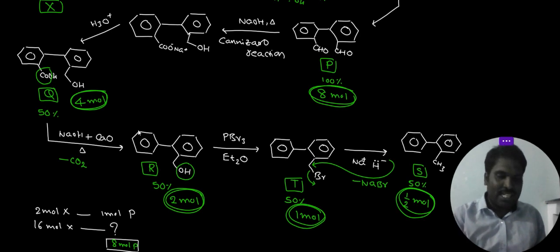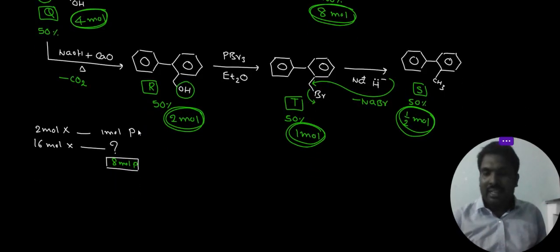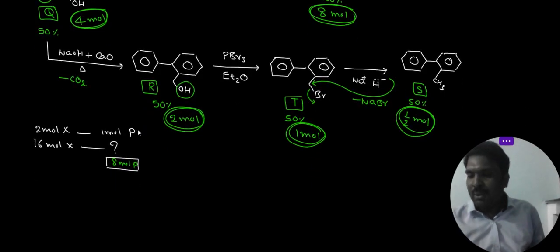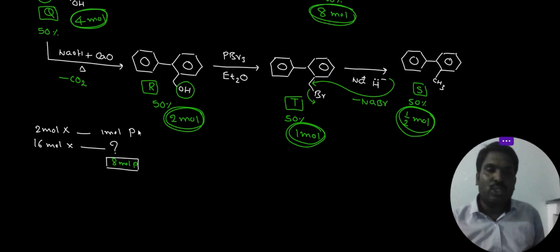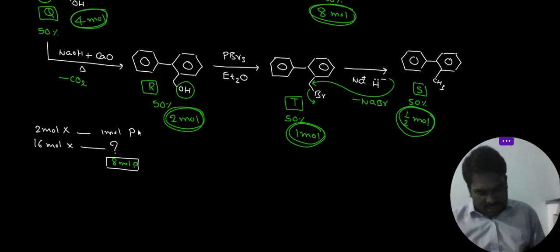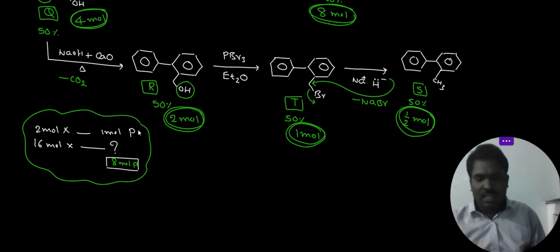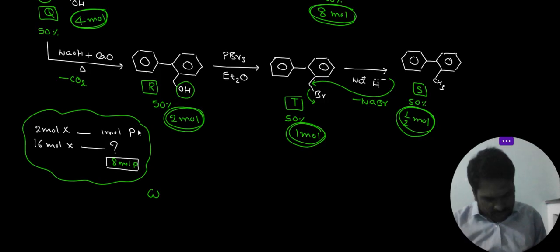Half mole S formed. Then here what is the question? The amount in grams of S produced is. So then here, how many moles of S produced in grams? So now weight of S, that is equal to mole into its gram molecular weight.